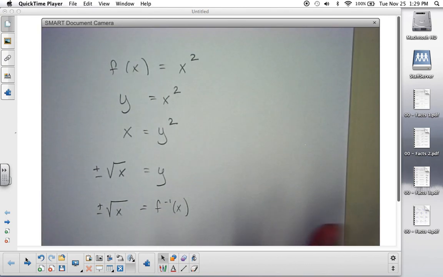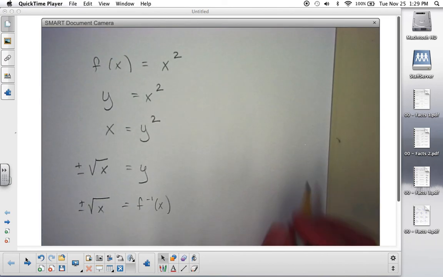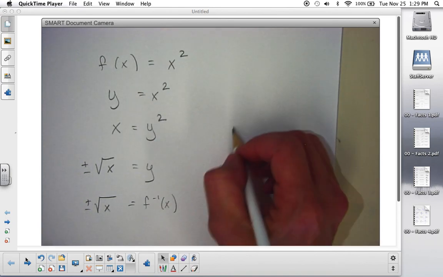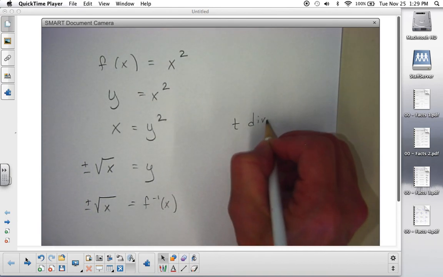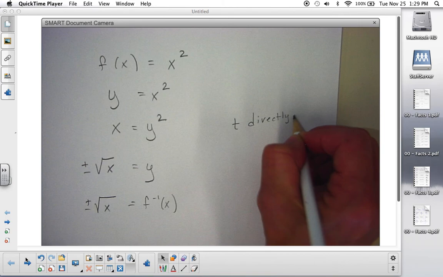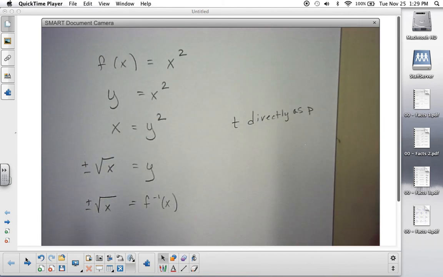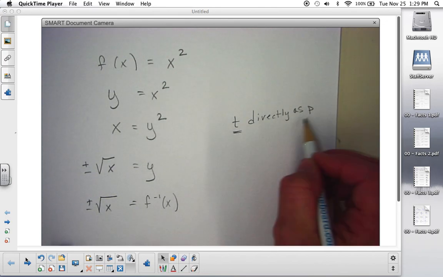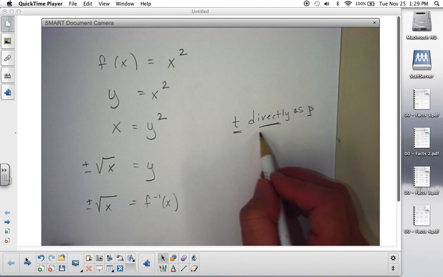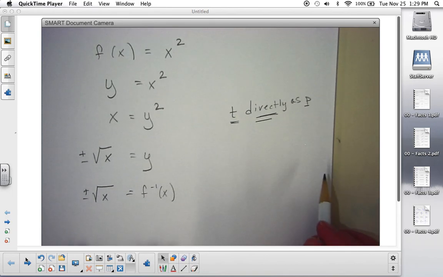The last thing we had was direct variation versus inverse variation. When two letters vary directly, let's say it says T varies directly as P. Find T when P is 14, if when T is... You're going to look at your letters and set up either a proportion or a multiplication, depending on this word.